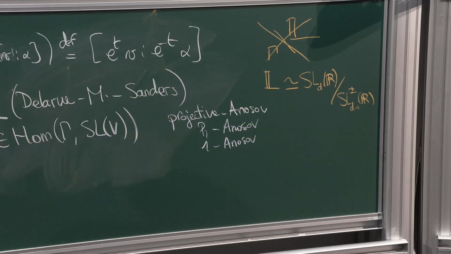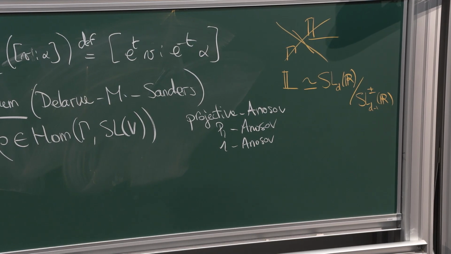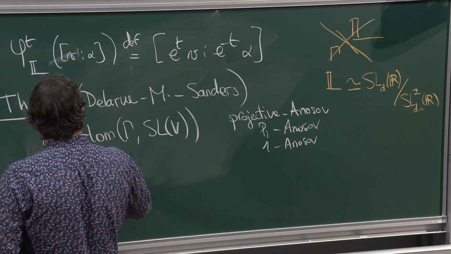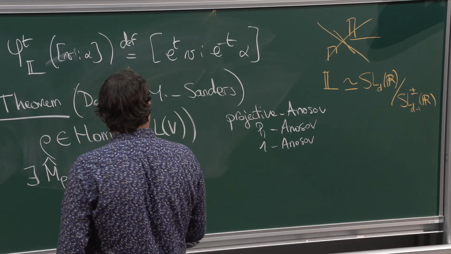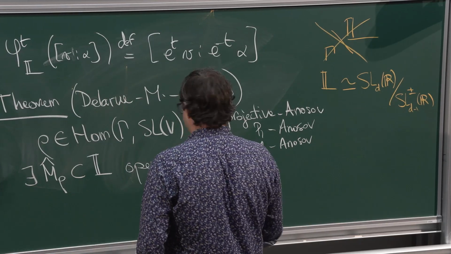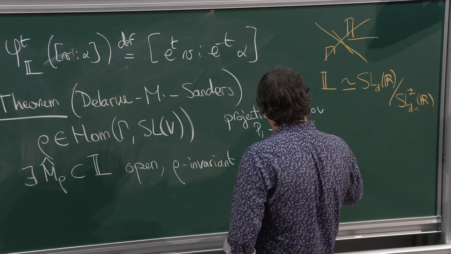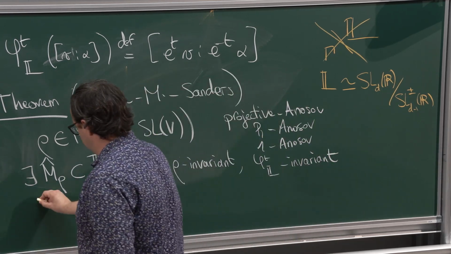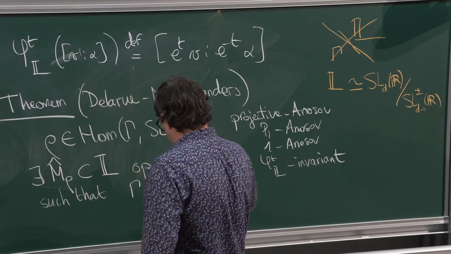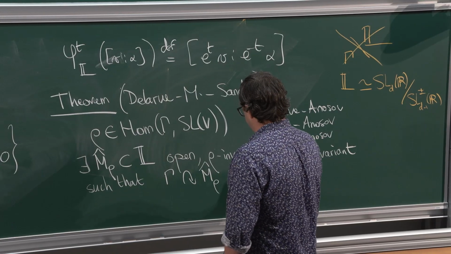So the first part of the theorem will be saying that actually you do have a nice quotient, not for the whole L, but just for an open set in L. So there exists, we'll call it M rho hat, an open set, which is invariant under rho, and also invariant under the flow phi t, such that the action of gamma here is properly discontinuous.